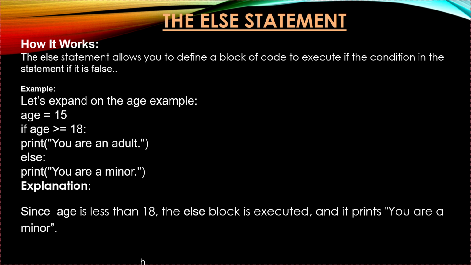Okay, we will input age here. If age is greater than or equal to 18, we will print you are adult. This is for the if statement. But when we use print you are minor, it means the age condition seems false.